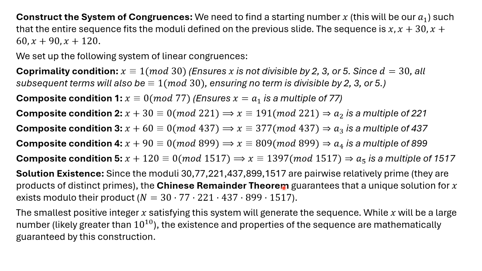Then the Chinese remainder theorem guarantees that a unique solution x exists modulo their product N, the product of all these together. The smallest positive integer x satisfying the system will generate the desired sequence, while x will be a large number, likely 10 to the 10th power. The existence and properties of the sequence are mathematically guaranteed by this construction. Well, we're actually going to find it, so we don't need to rely on just the guarantee that a solution exists.